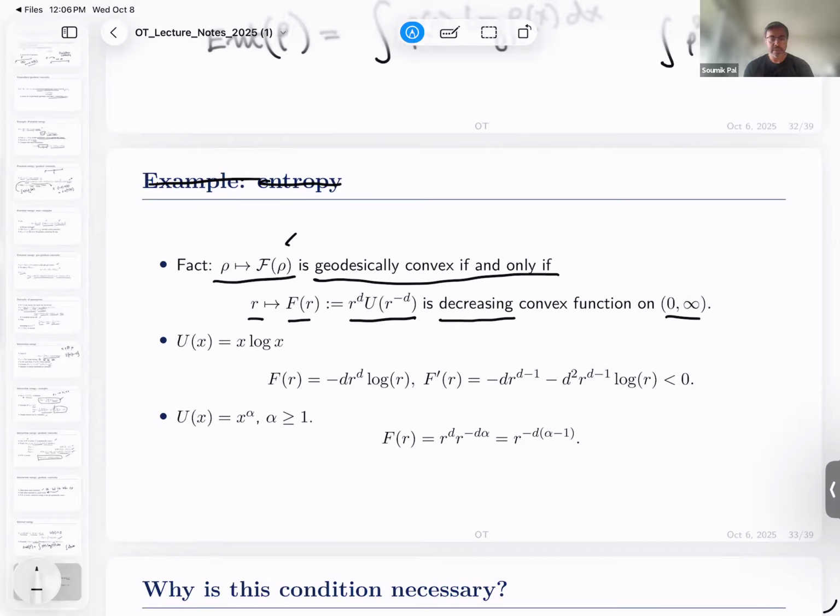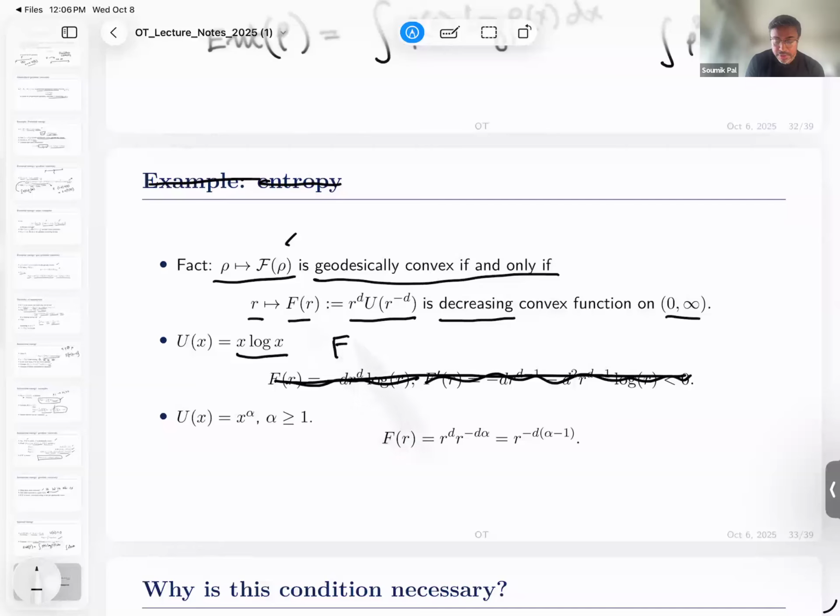Okay. A quick example of this is the entropy, for the function that comes from the entropy, which is x log x. If I take my f of r, then x will be substituted by r to the power minus d, and I'll multiply by r to the power d. And here, of course, I've made a mistake in my calculations. So forget this. I've done it wrong.